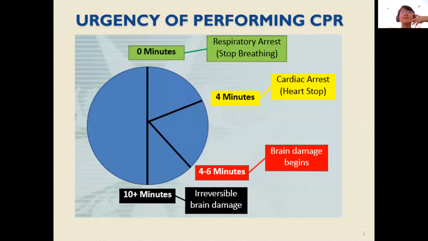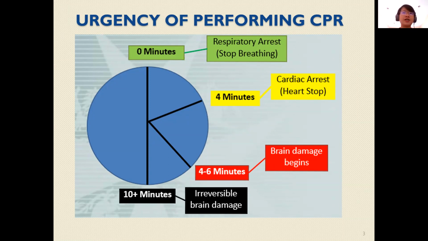All right? So this is a diagram showing you the urgency of CPR. The chart over here tells you that from the 0th minute, that's when respiratory arrest starts. You don't breathe. And then the 4th minute is when cardiac arrest happens. Your heart stops beating and it's an electrical problem, right? We talked about the difference between heart attack as well as cardiac arrest. One is a circulatory problem, one is an electrical problem.